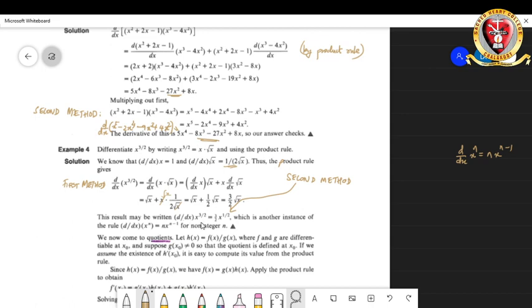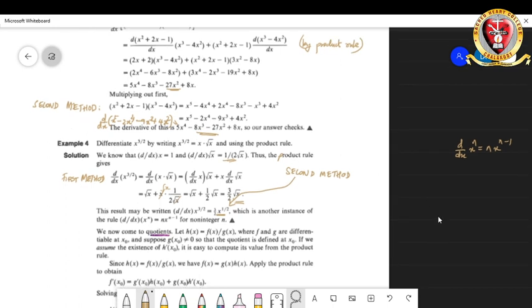D by dx of x raised to 3 by 2 is equal to 3 by 2 into x raised to 3 by 2 minus 1, which is x raised to 1 by 2. So this is equal to 3 by 2 root x. So you have verified that using the first method and using the second method, what you obtained is the same. That's what we have been asked by example 4.